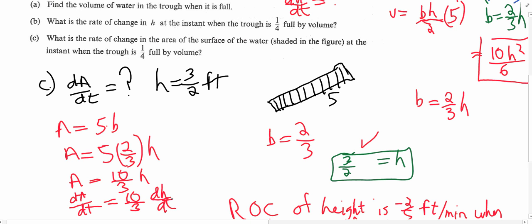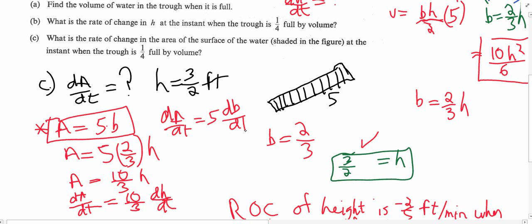So if we left it in terms of b, we would have another unknown variable, dB over dt. So if we would have taken the derivative right here, that would have been dA dt is equal to 5 dB over dt, and that would have done us no good because we don't know what dB over dt is.